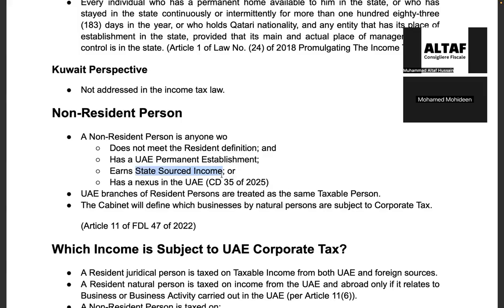Does she have a branch in the UAE? No. Does she have a trade license in the UAE? No. She was a guest, invited by some event management company or something. But the revenue was earned from the state, so she will be taxed. That is a classical example of state sourced income.